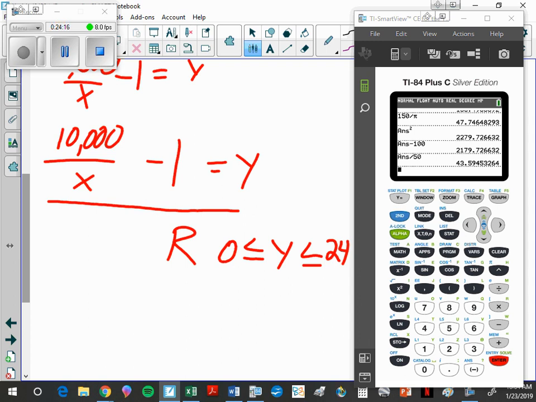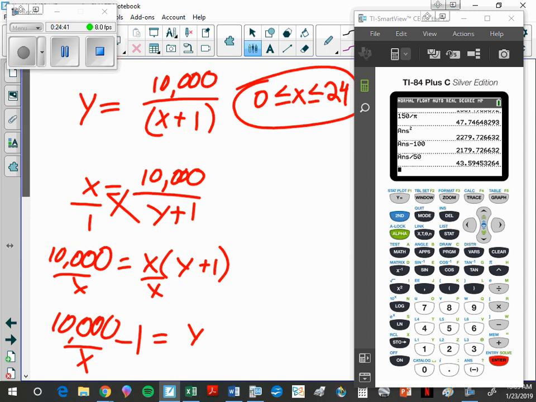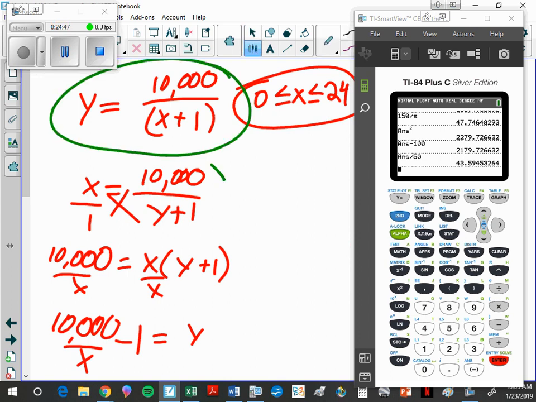What is the variable in the inverse function? So right here, what does that variable represent? The number of months or the number of subscribers? Why subscribers? Well, let's go back to the original. What does this original function tell us?